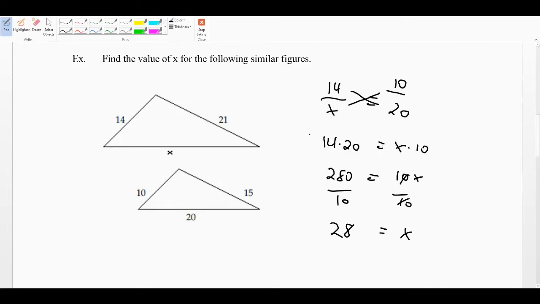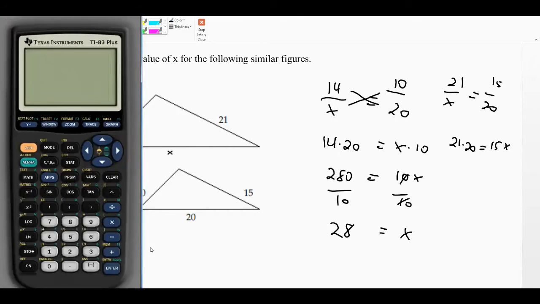And just to show you that it wouldn't matter if we use 21 over x, we'll do it right quickly. 21 over x is equal, in this case now, to 15 over 20. Cross multiply. 21 times 20 is probably 420, but it never hurts to make sure.